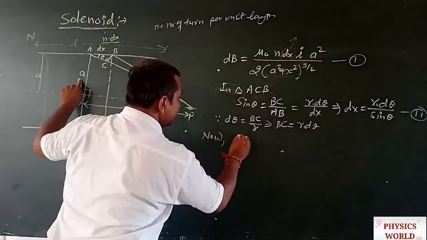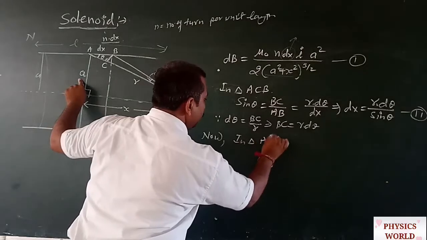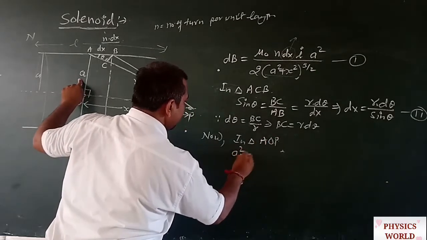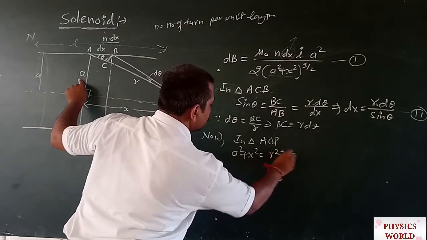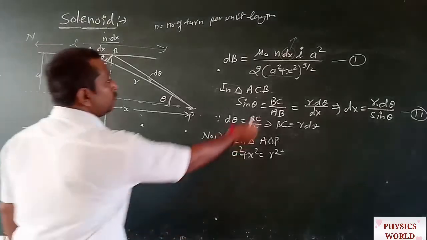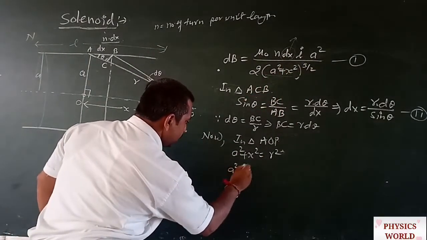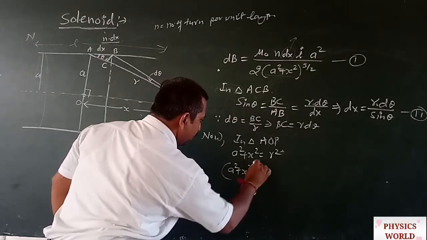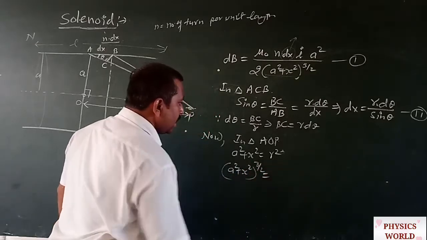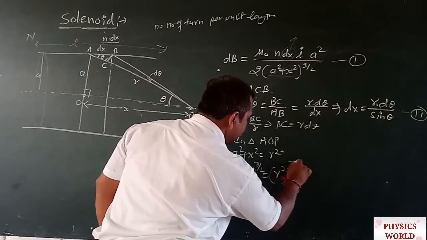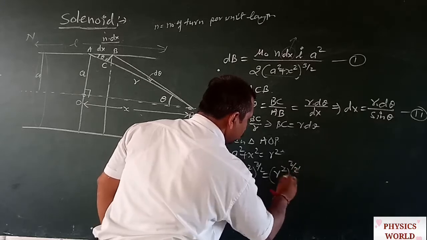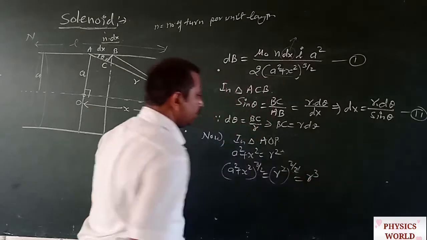It means in triangle AOP, a square plus x square equals R square. So what will be the value of a square plus x square whole power 3 by 2? It becomes R square power 3 by 2, which is equal to R cube.